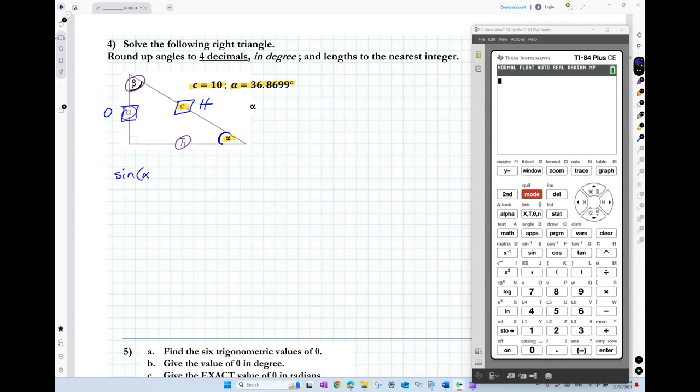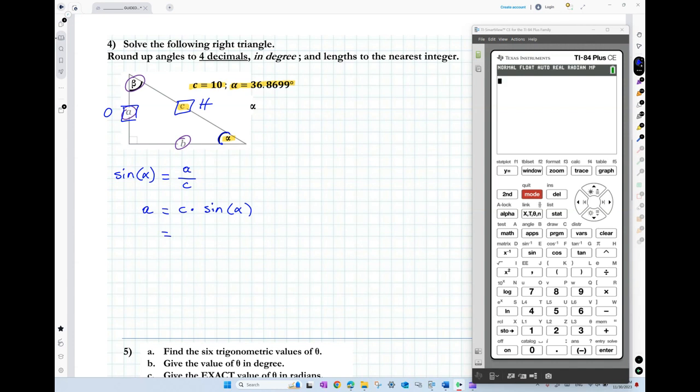So sine of alpha will be equal to A over C. And that means, because I'm looking for A, that A is equal to C times sine of alpha.